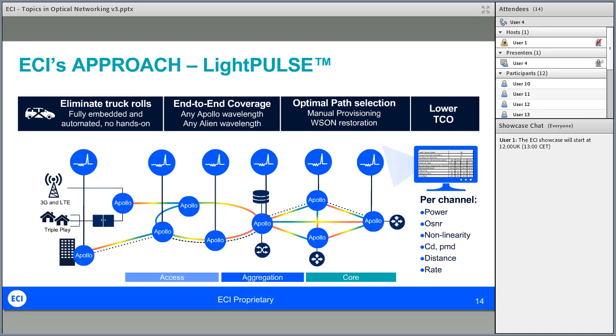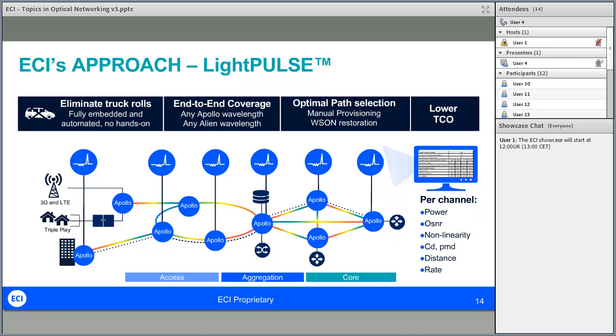What LightPULSE does is make measurements throughout the optical chain on a per wavelength basis, both in the transmitters and at the amplifiers. It enables you to piece together a picture of the optical performance along the entire optical light path for a variety of measurements, whether it's power, optical signal to noise ratio, chromatic and polarization mode dispersion.